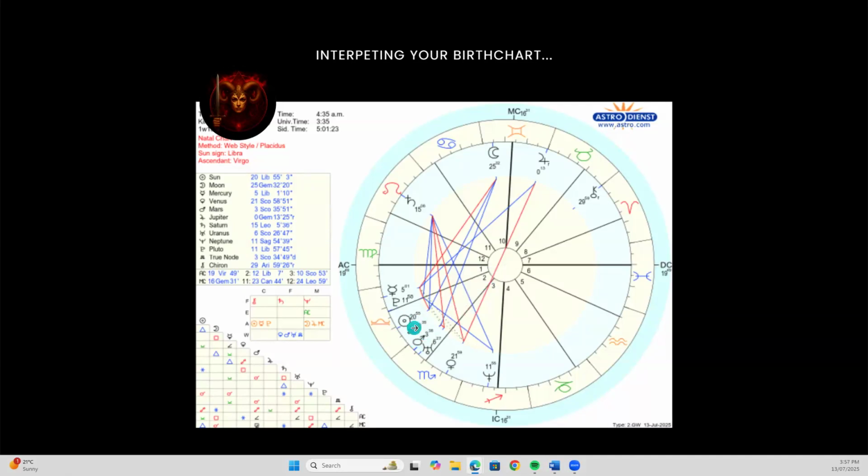How can we double check that they are actually in opposition? Well, the symbol you can see here, there's a little red, like a figure of 8. This stands for opposite. So as we find Chiron and we move across, we're looking for anything that has that.